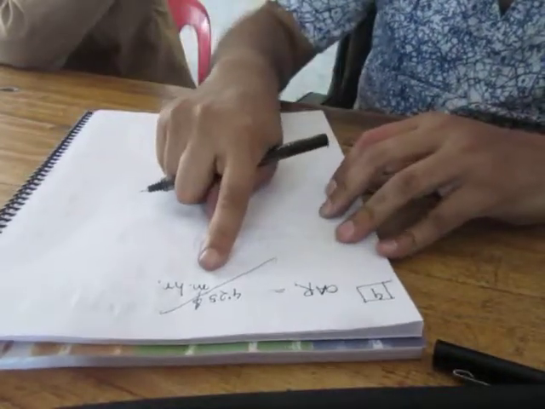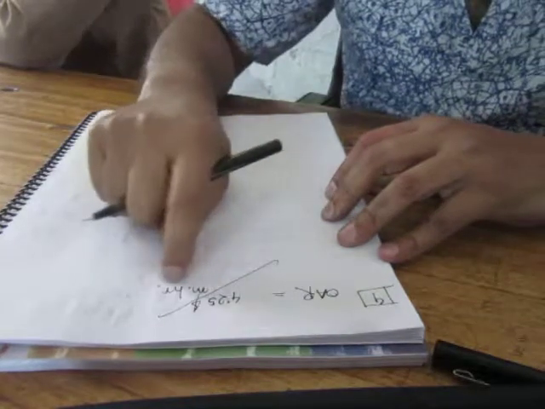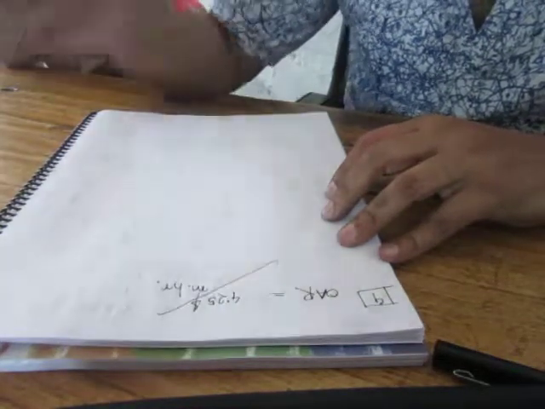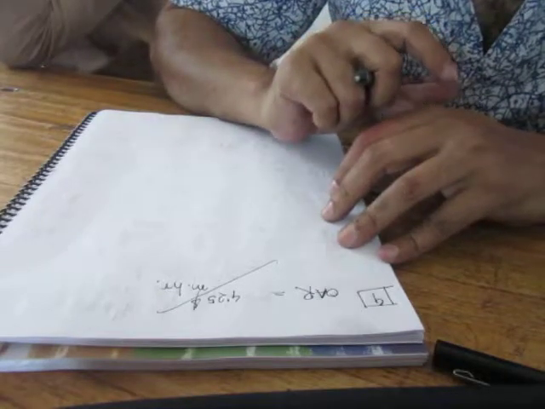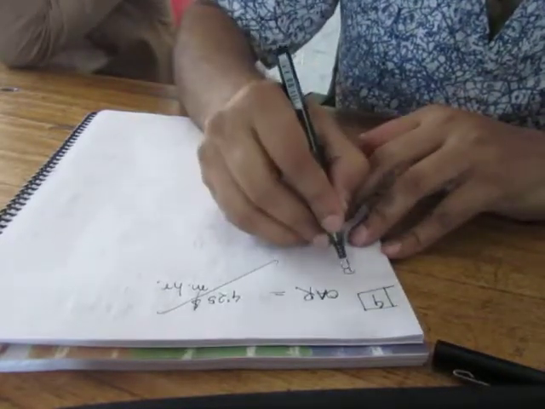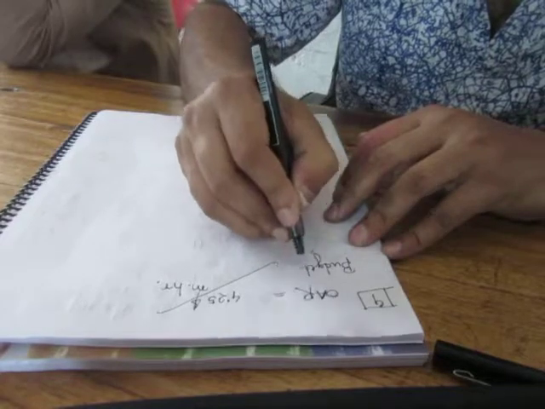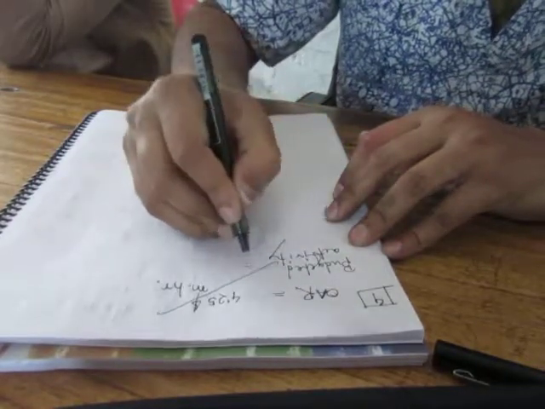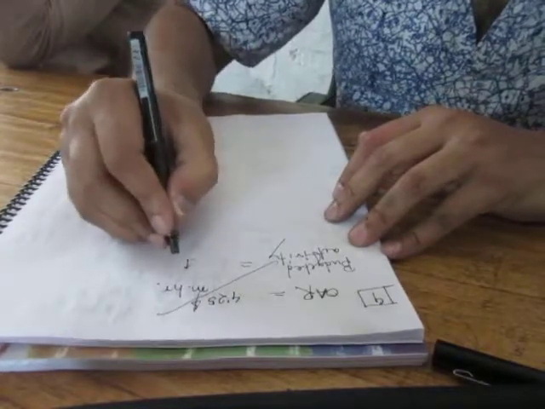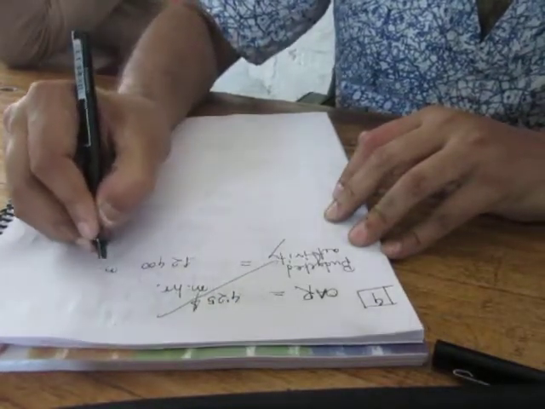You know the meaning now, right? Each and every hour your machine is operated, this much overhead will be absorbed. Based on the budgeted activity level, budgeted activity was 12,400 machine hours.